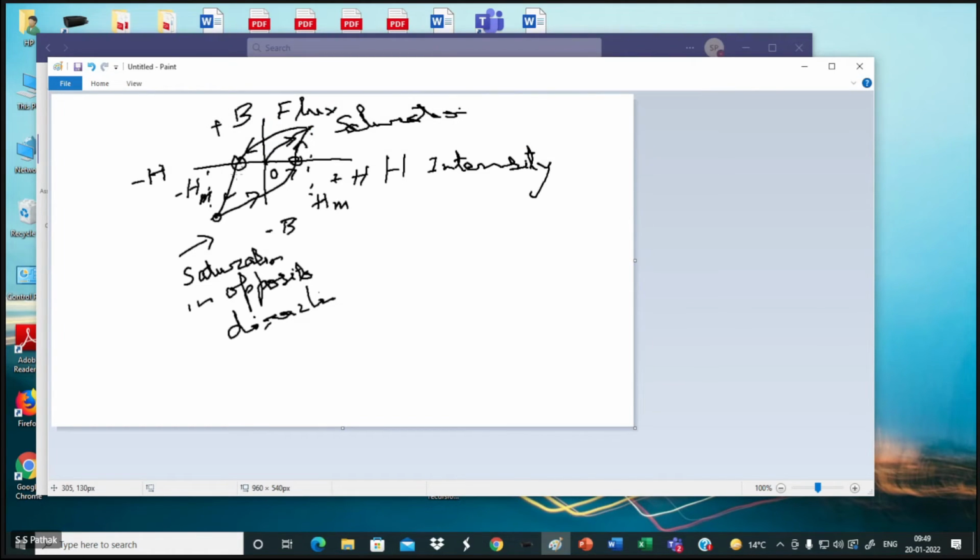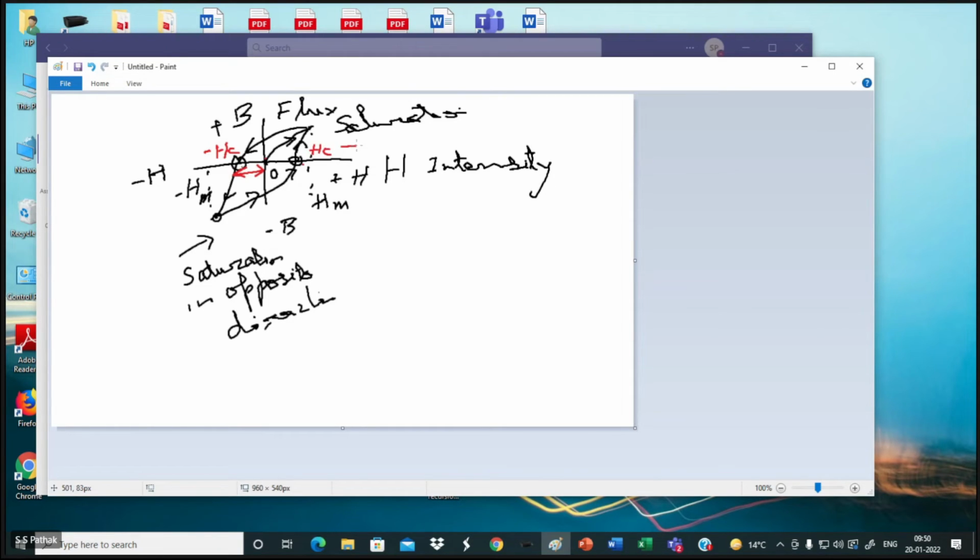This is the point I'm talking about, from here to here. This I call my Hc. There is Hc in this positive direction also. So this is your minus Hc, the second pole Hc.